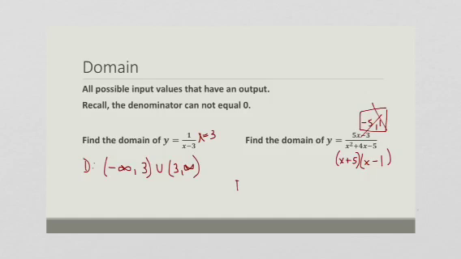So my domain becomes negative infinity to negative 5, leaving it out. Then, I'm also going to have values from negative 5 to 1, as well as 1 to infinity. Notice in both cases, I use parentheses instead of brackets because I'm not including these values.